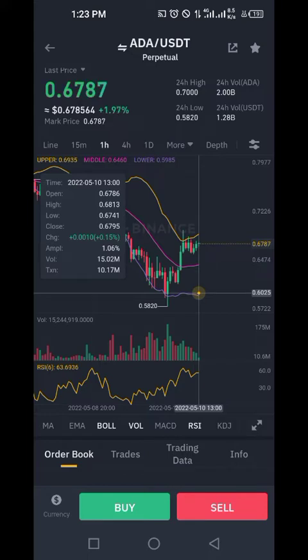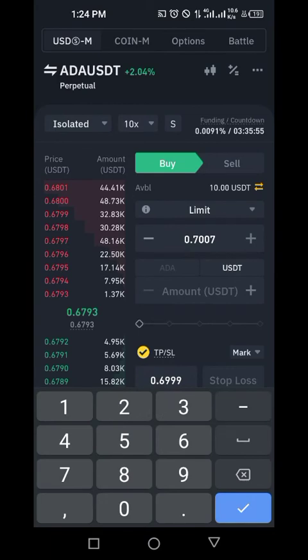The trade has become invalidated, meaning that once the price breaks this consolidated price region, it's going down, it's not going up again. So I would place my stop loss around that place. Let's say the stop loss is 0.6325. So I set 0.6325.